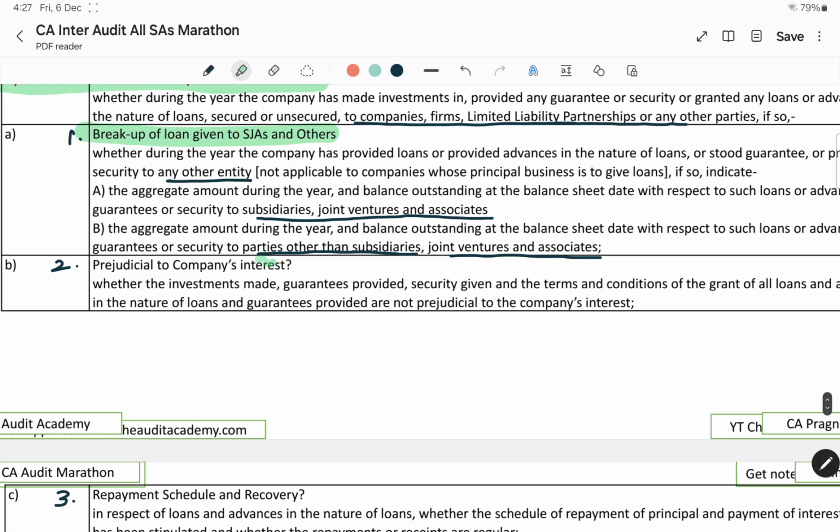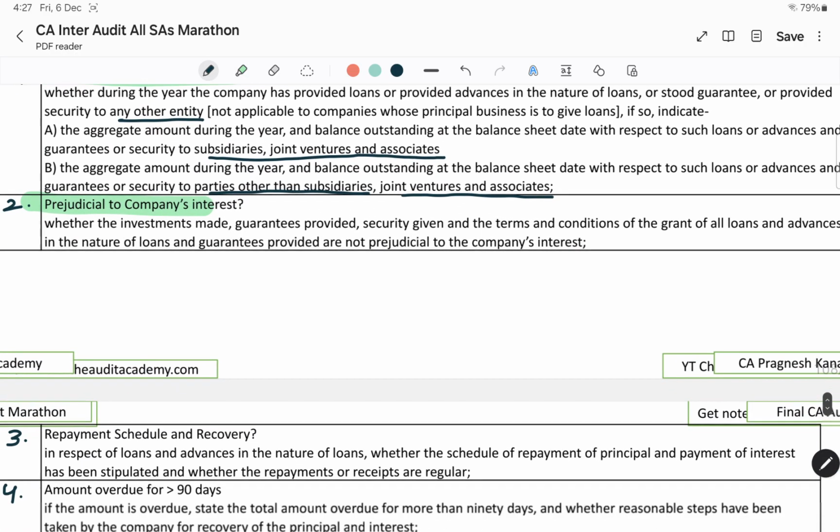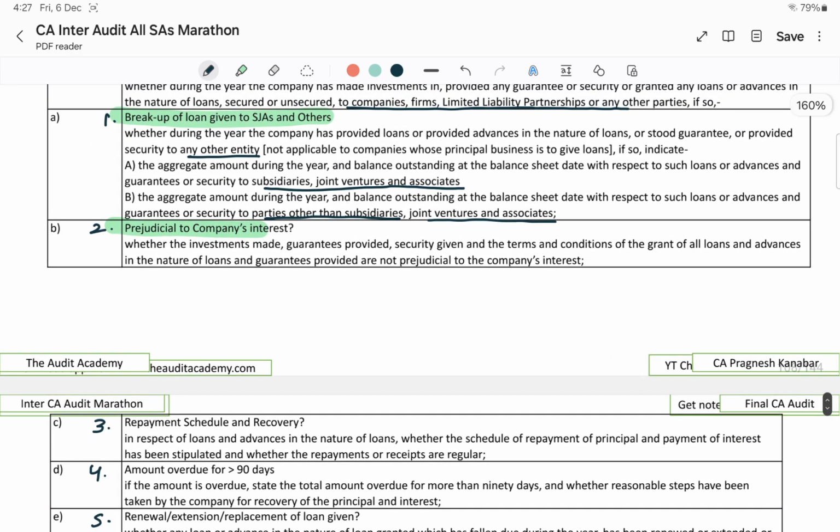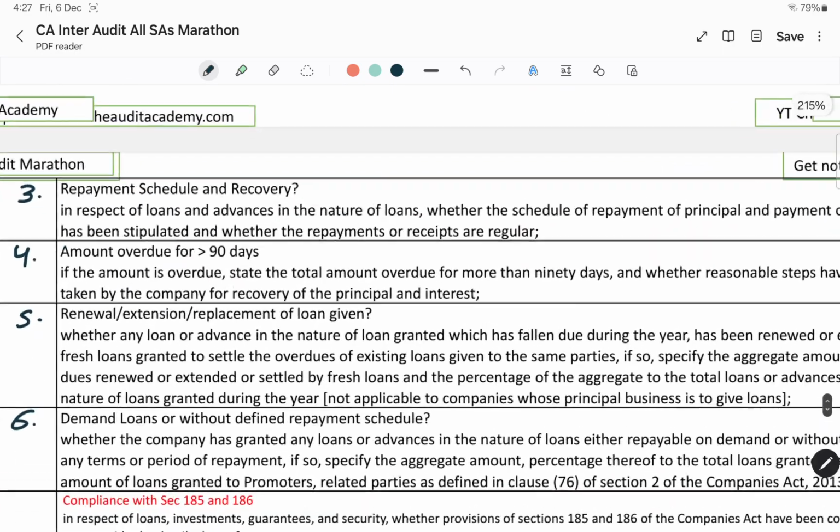Next point is prejudicial to company's interests. Whether the investment made, guarantee provided, or security given, and the terms and conditions of the grant of all loans and advances in the nature of loans and guarantee provided are not prejudicial to the company's interests.